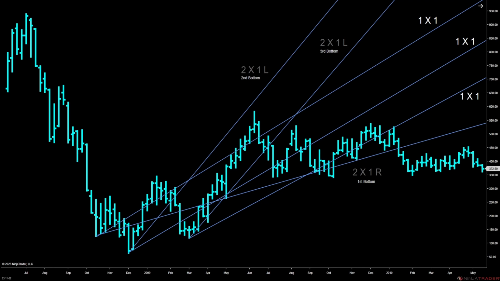It's a 2 to 1 time to price ratio. 2 times 1 R down there at the first bottom on the right-hand side. Bottoms 2 and 3 get the same angles, which is 45 plus the angle on the bull side of the market, which is the left side. 2 times 1 L on the second and third bottoms.